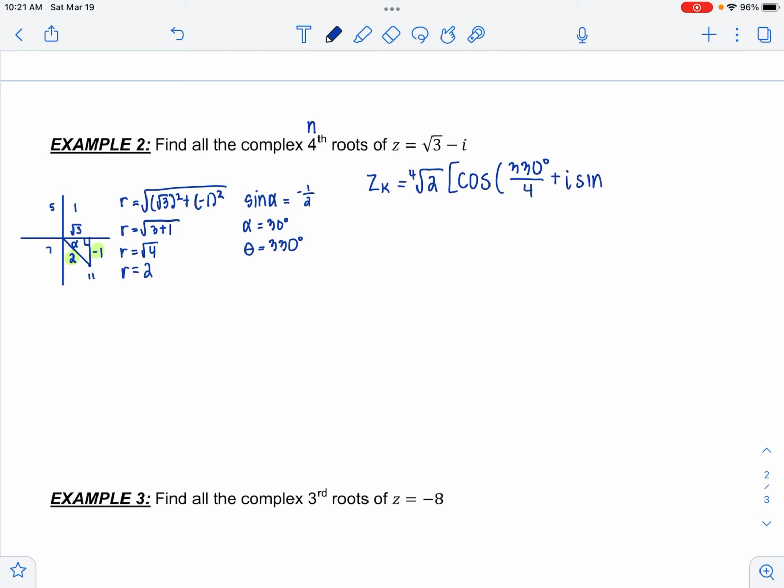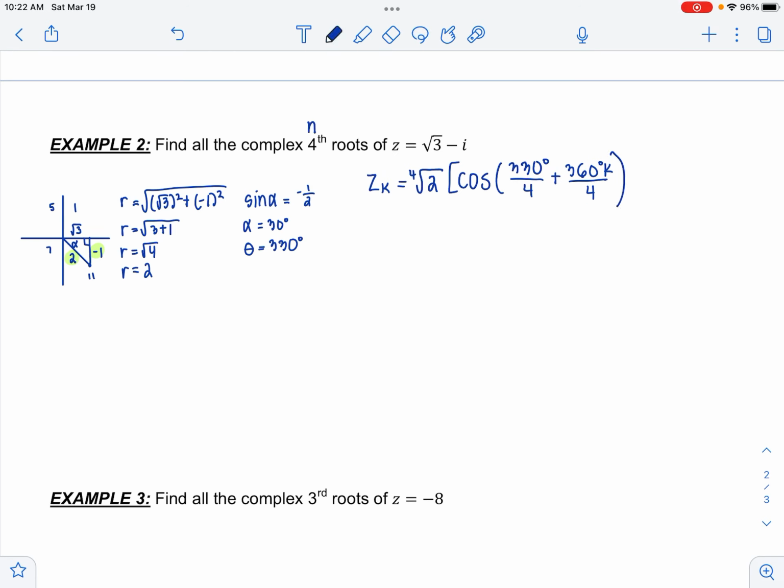Plus 360k divided by 4. I'm sorry, I wrote that wrong. I already put the i sine of in there, so let's delete that. Got ahead of myself. Plus 360k divided by 4.